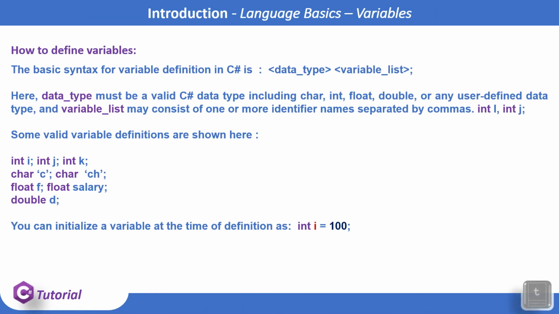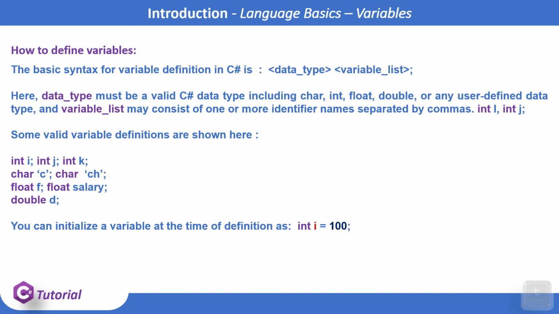How to define variables. The basic syntax for variable definition in C# is data type, then the variable list. Here, data_type must be a valid C# data type, including char, int, float, double, or any user-defined data type, and variable list may consist of one or more identifier names separated by commas.